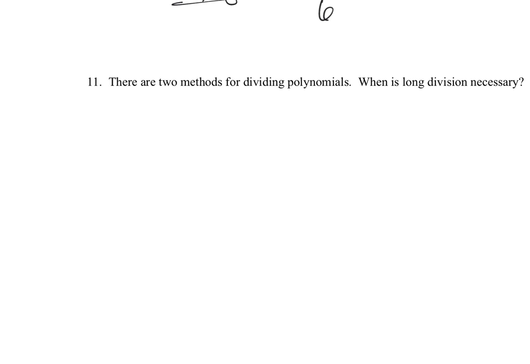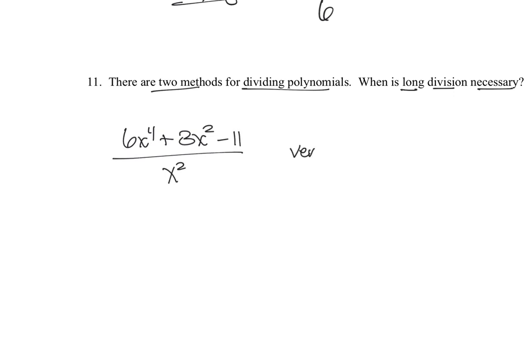So number 11 just asks you to kind of recap. There are 2 methods for dividing polynomials. When is long division necessary? So let me just show you an example. 6x to the 4th plus 3x squared minus 11 over, let's just say x squared, versus 6x to the 4th plus 3x squared minus 11 over x squared minus 1.